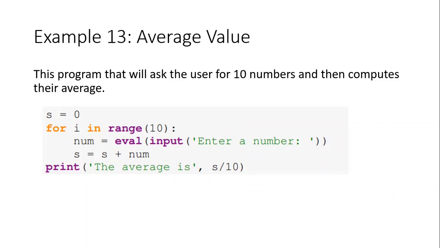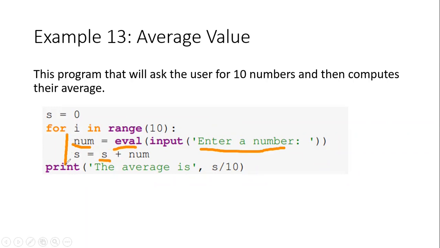Okay, this program is the same as the previous one. But the previous one just took 1 to 100. But here, the user can enter any 10 numbers and they are converted to integer. And that is stored as num that is added to the variable s.